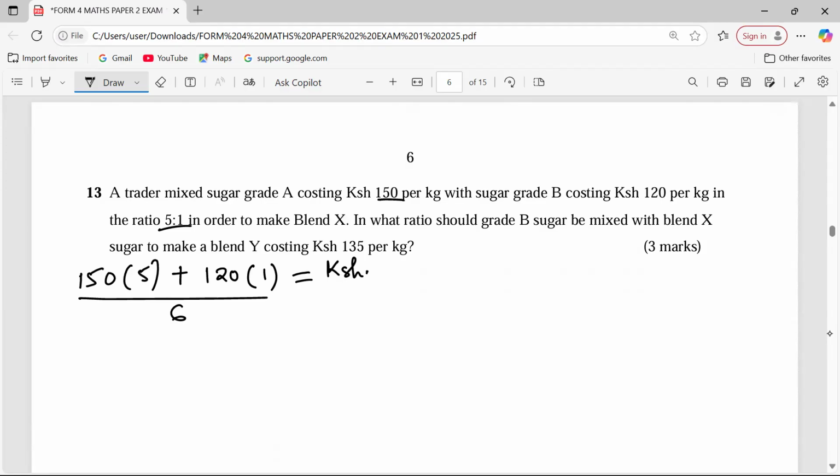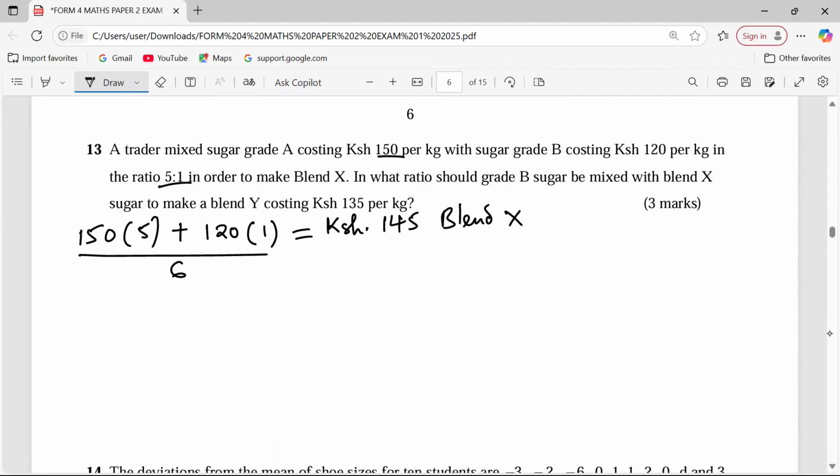I'm getting 145. This one is X. So blend X, which is arrived at by mixing grade A and B in the ratio of 5:1, is costing 145.